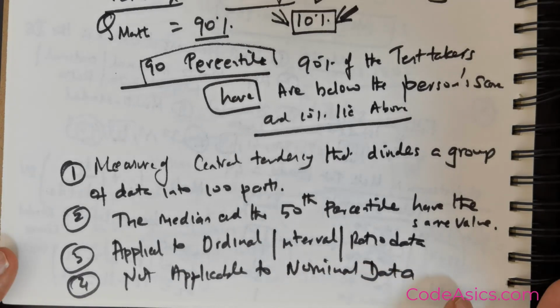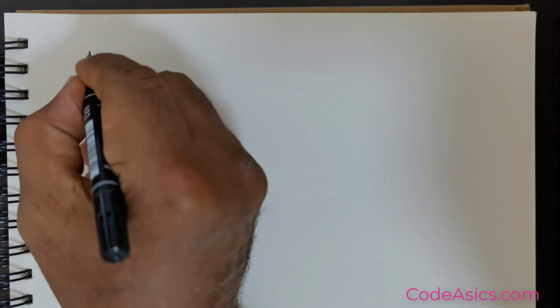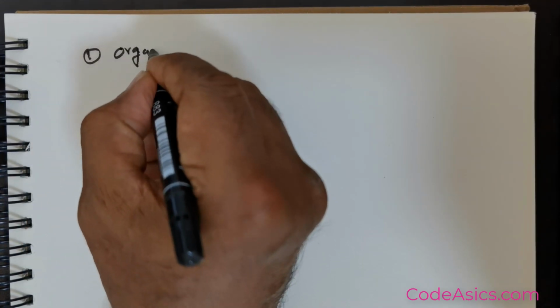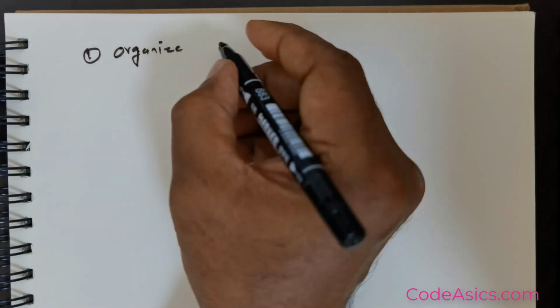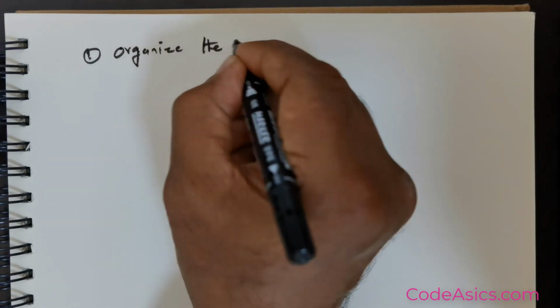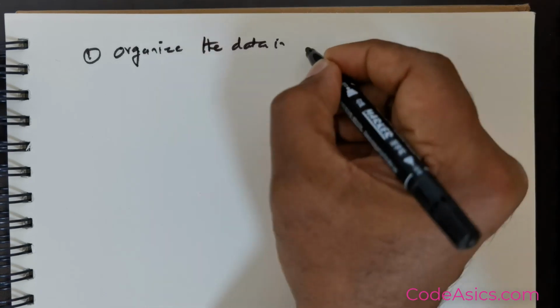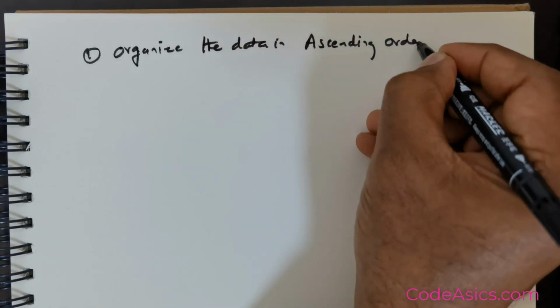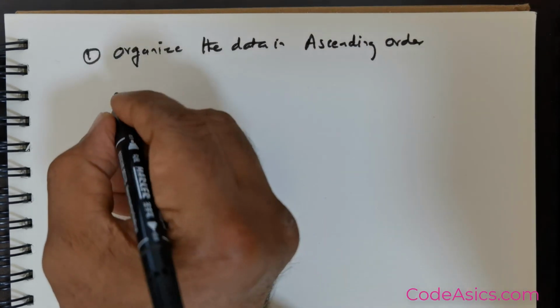So having given you all this, let me do some questions. Now let me give you the steps that you need to take to calculate the percentile. First and foremost, you organize. It's a very important term in statistics. Organize the data in ascending order. Ascending order means in increasing order.